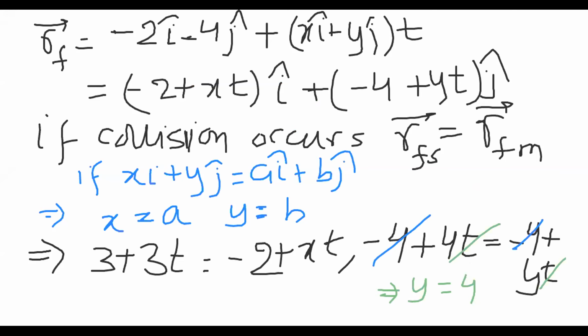Okay, that is all I need actually, because if the magnitude of velocity of the motor boat is equal to √50 and my assumed value of velocity of motor boat is x i cap plus y j cap, then this implies that x square plus y square is equal to 50.